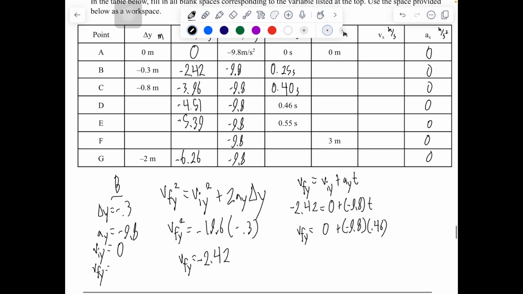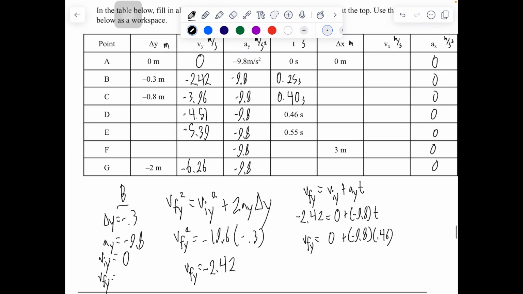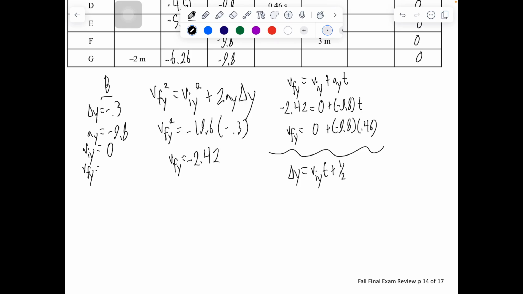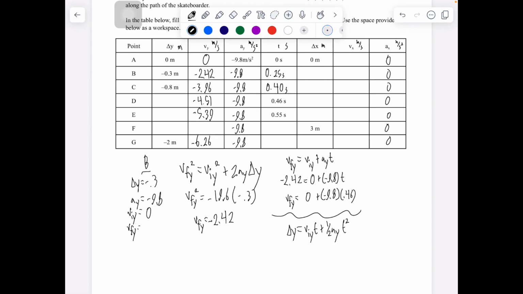Alright, how do you get, say, a delta y? Well, again, depending on what you have, if you have your final velocity, acceleration, and time, you could solve. You could say something like, we'll just separate this out. Delta y is initial velocity in the y times t plus 1/2 acceleration in the y t squared. Now that is a lot of plugging in.